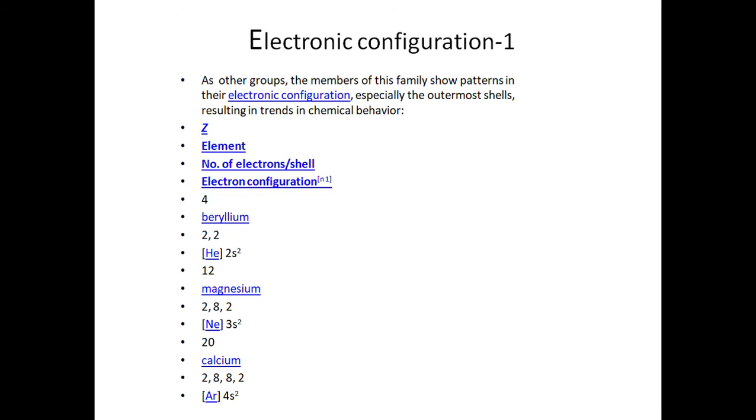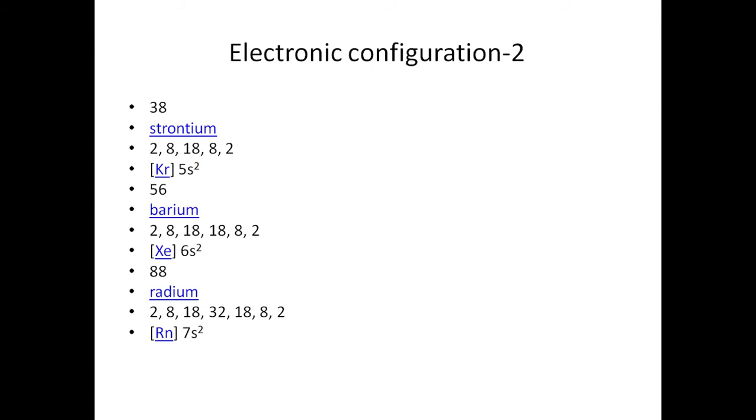We see the common trend of the outermost s orbital occupied by 2 electrons. Then magnesium with atomic number 12 has configuration 2, 8, 2 with the neon inner shell configuration and outer shell is 3s2. Then calcium with atomic number 20 has configuration 2, 8, 8, 2 and inner shell inert gas configuration, that is argon, and outermost is 4s2, again the 2 electrons that occupy the outermost s orbital.